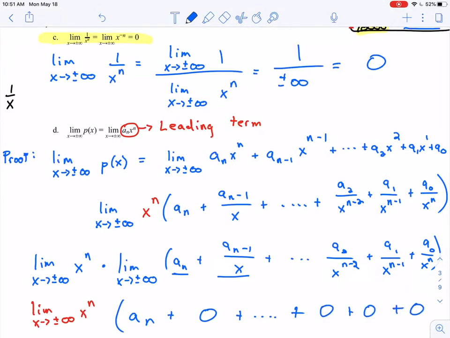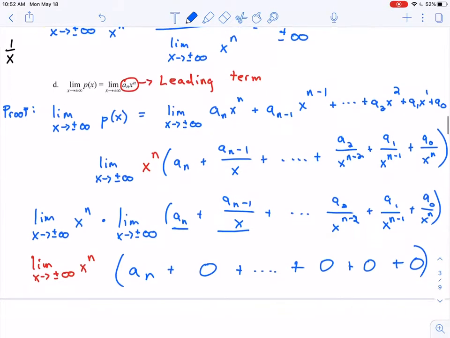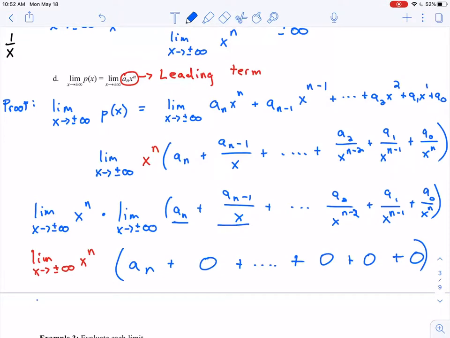Every single one of these terms goes to 0, which I think is really cool. So we can collapse these and ask, what am I left with? The limit as x approaches plus or minus infinity of just a sub n times x to the nth, which is exactly what I wanted to show way up here. That's exactly what I've got down here. So my proof is done.